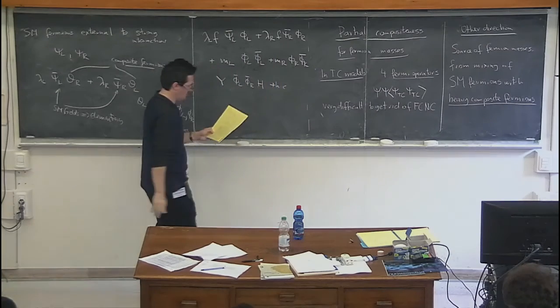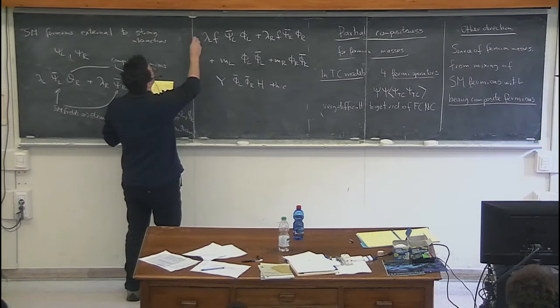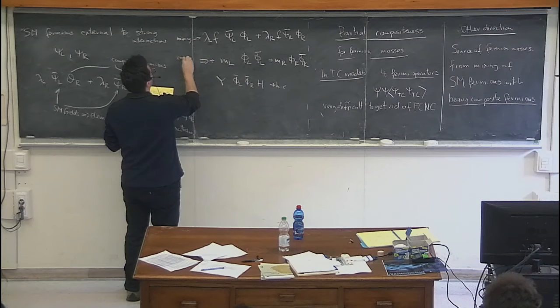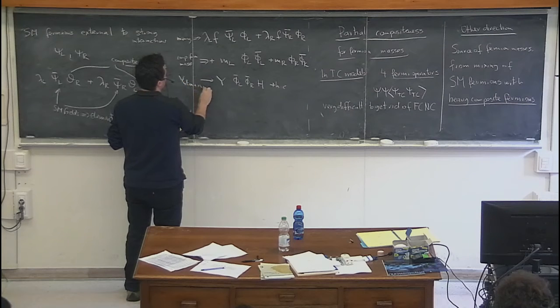Everything is plus Hermitian conjugate. So again, this is the mixing. This is the composite fermion masses. And then this is the Yukawa, but it only acts in the composite sector.